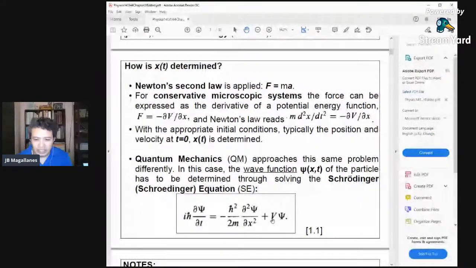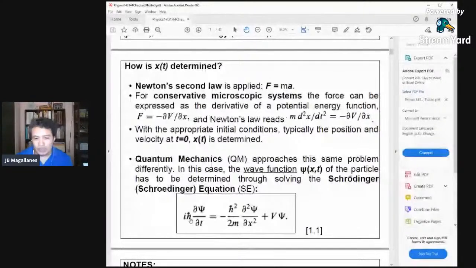The potential here gives the constraint of the system. So you have this side equal to this side. This side is a differential with time, and this side is a differential with space.